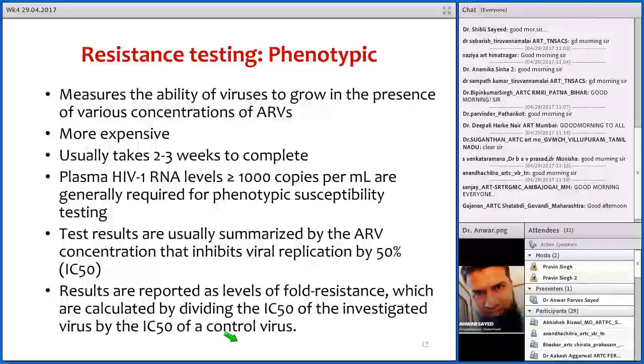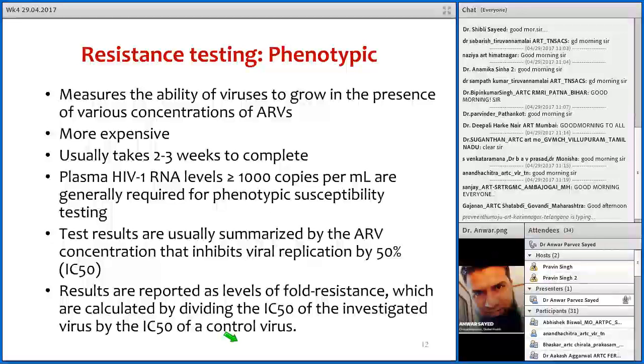Phenotypic resistance testing is not used these days, except in very rare situations, because it is not useful in determining the next line of therapy. It will just tell us the minimum concentration of drug required for bringing down the viral replication to 50%, that is called the minimum inhibitory concentration, IC50.